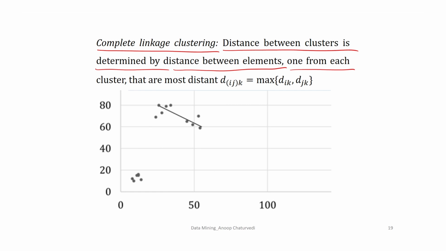So, in this case, say suppose you have to compute the distance between a cluster having elements i, j and another point k, then d(ij, k) is equal to the maximum of d(i, k) and d(j, k).